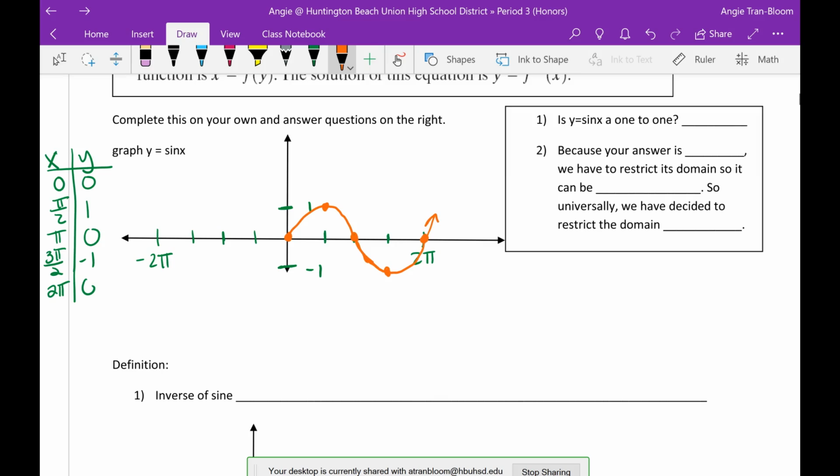So that's one period to the right. And we are just going to continue to the left. So repeat the pattern. Down, 0, up, and 0. Okay, so there you go.